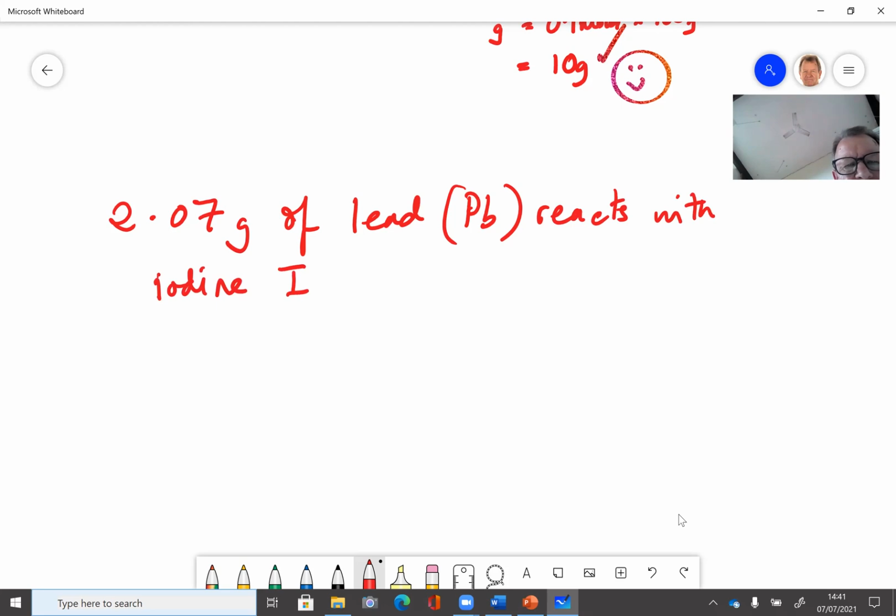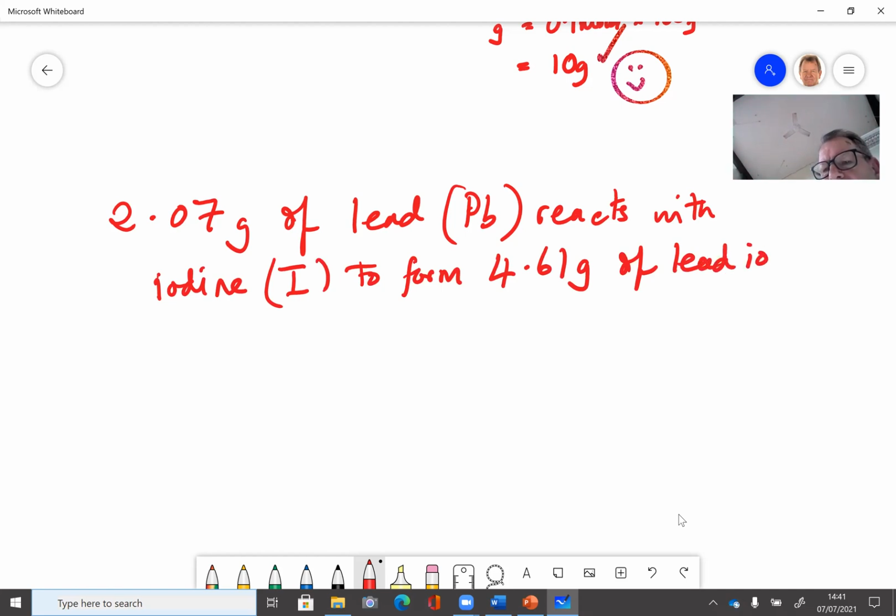And iodine is I. It reacts with iodine to form, and this is quite a difficult question in some ways, 4.61 grams of lead iodide. The question is, what is the formula?